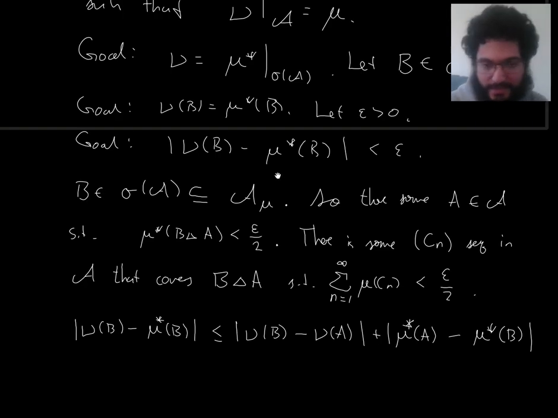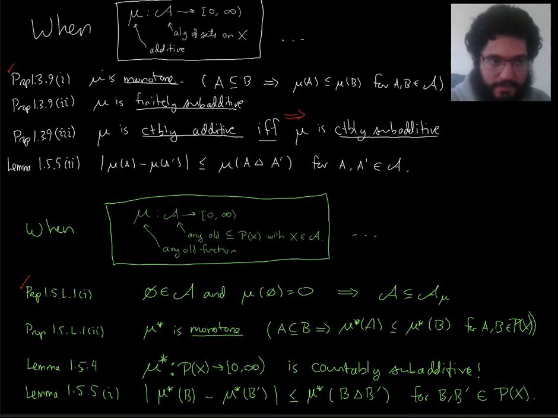Let me just write down what we have and then think about justifying it. So this one is bounded above by nu of B delta A. And then that inequality is justified by this.